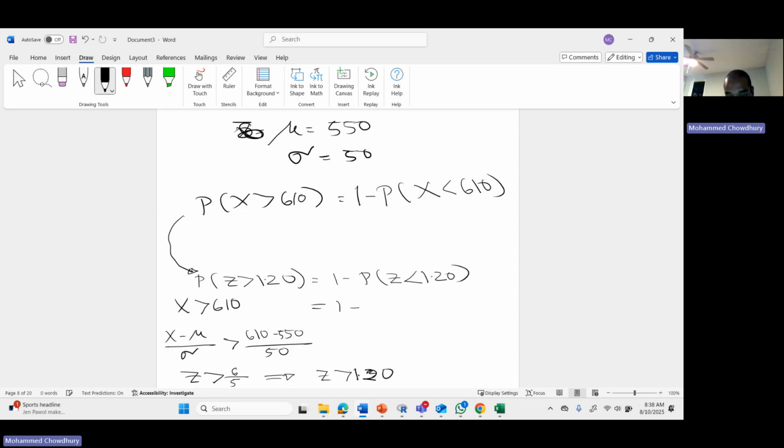Now you can use the Excel or R formula to compute the probability that a randomly chosen student would have SAT score greater than 610.